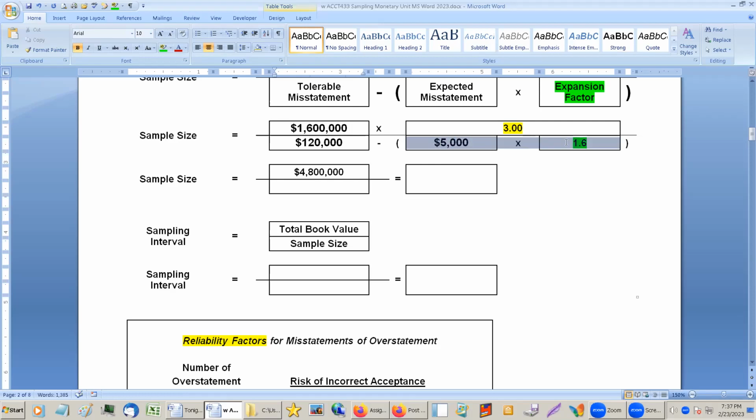This over here, I would now notice that this is minus. So it's 120,000 minus this. All right, so what's that? So 120,000 minus 8 is 112,000.